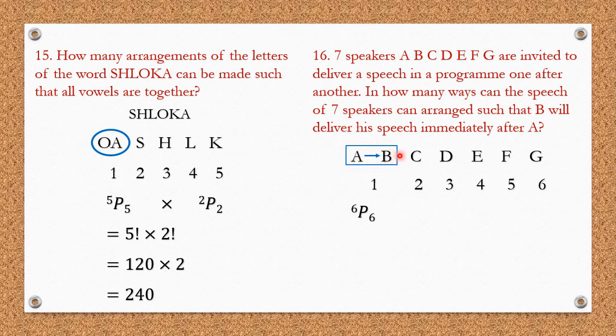Here only this arrangement is possible. So there is only one arrangement, there is no 2P2. That's why this will be our final permutation. So 6P6 will be 6 factorial, which is 720. So with this, our exercise 6.1 ends.